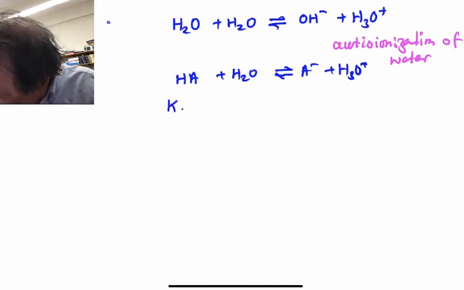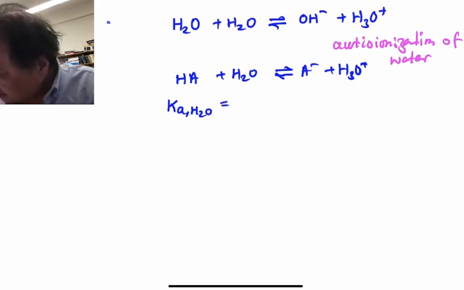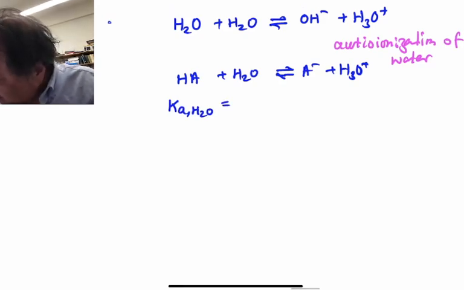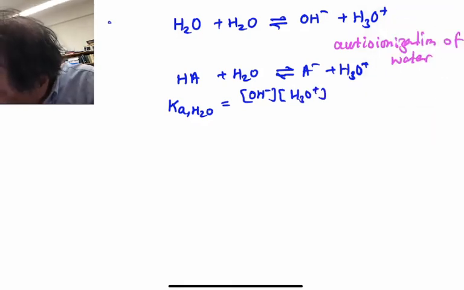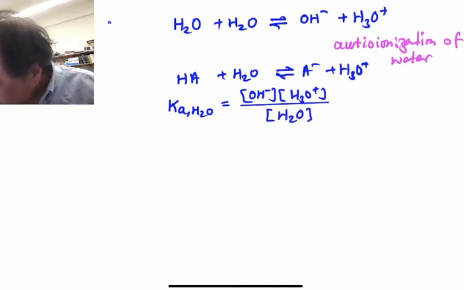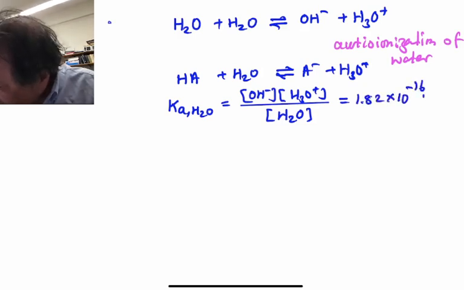The Ka of H2O is going to be the concentration of the products, which are OH- concentration times the other product, H3O+, divided by the acid concentration. That's what you need for a Ka. In this case, the acid itself is H2O, and that has a known value of 1.82 times 10 to the minus 16th molar.